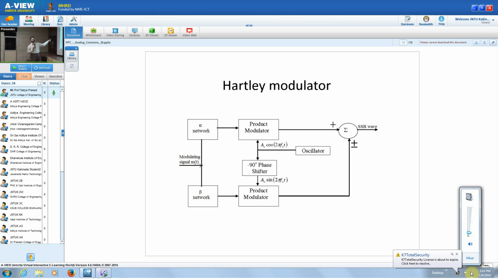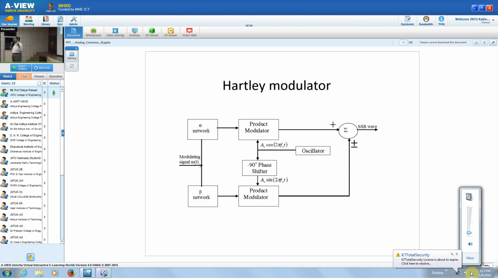Whereas for m of t, the previous method block diagram that we have seen is not going to give complete phase variation of pi by 2 for all the frequency components. Therefore, we may not be exactly getting your required SSB signal. Whereas with this alpha and beta, if alpha is not getting the exact value, beta is also not going to give the same value, but the difference we are maintaining as pi by 2 only.